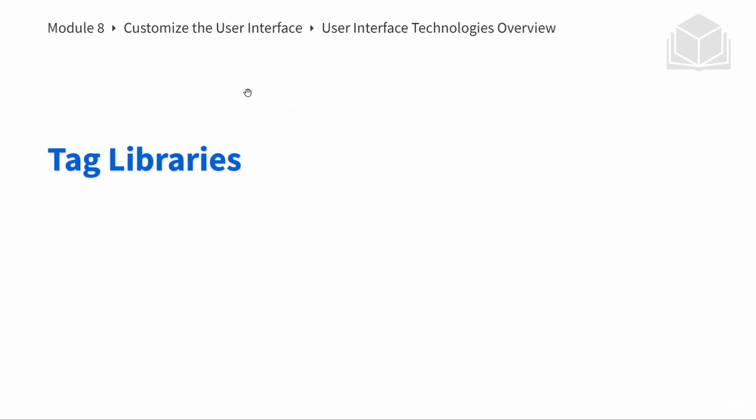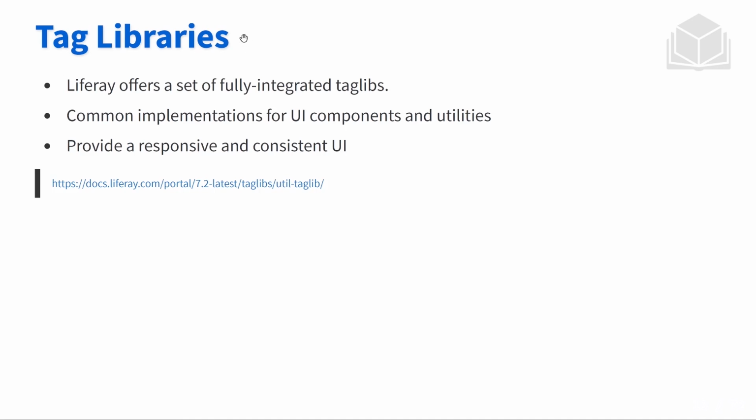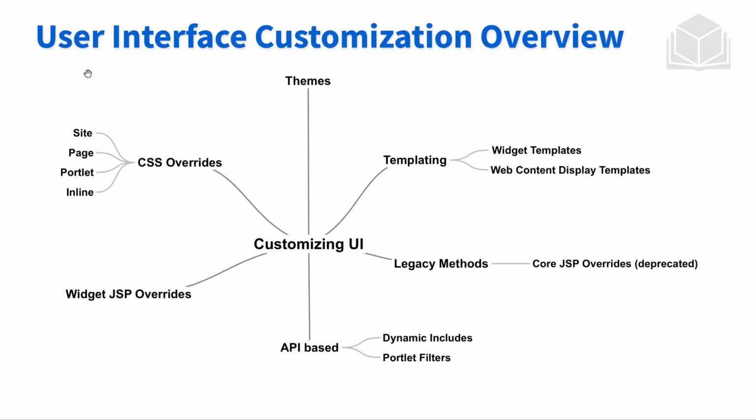Moving on to tag libraries. Liferay offers a set of fully integrated tag libs, common implementations for UI components and utilities, and provides a responsive and consistent UI. Here we have a short little diagram of how our front end runs. At the very top level, we have our themes. Themes are what we use to customize all of the UI that your audience is going to see.